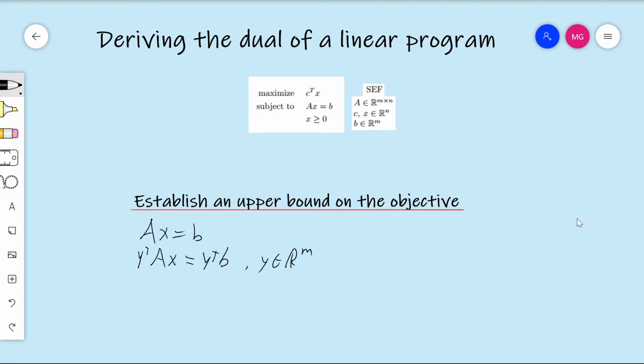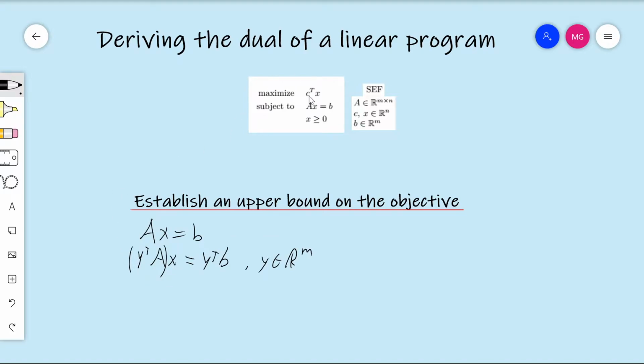Now, why we're doing this is because, take a look at this. I've just put parentheses on the y transpose A part, and this is going to establish an upper bound because you can look at the format of this. y transpose A is a row vector, and that row vector is multiplied by x on the left-hand side of this equation. So that is of the same format as the objective function.